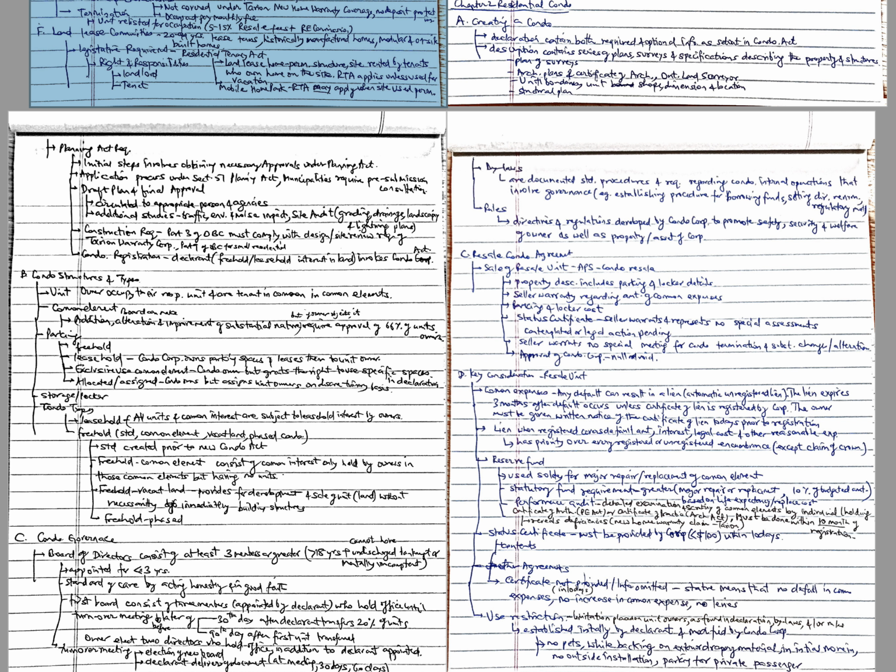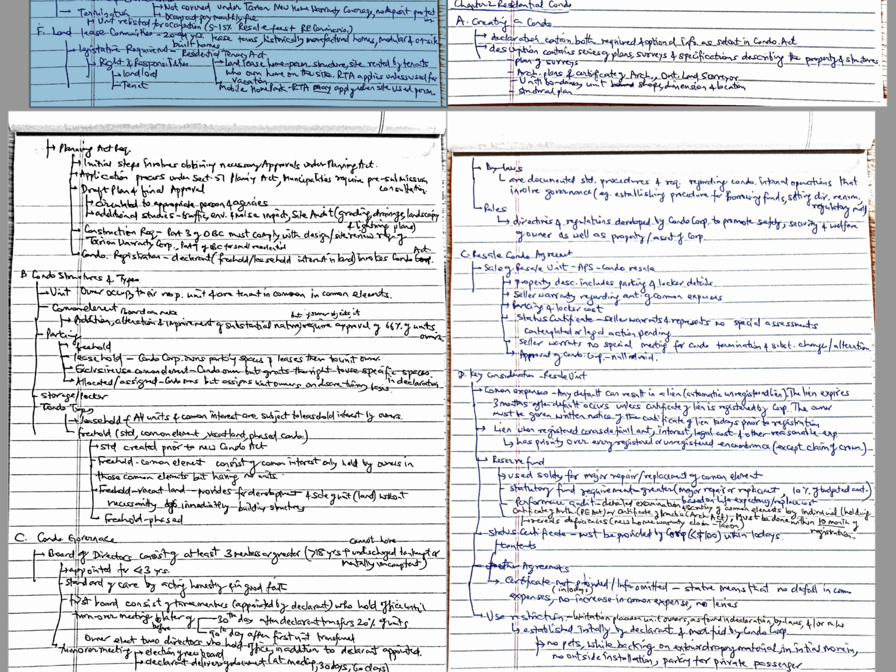So to recap, the major changes with the agreement of purchase and sale for condominium resale, or Form 101, are that there's a property description which includes parking and locker details, and the seller warranty regarding the common expenses, what amount of the common expenses, and also the mention of parking and locker and what the assigned cost is, and the seller warrants that there is no special assessment contemplated or legal action pending.